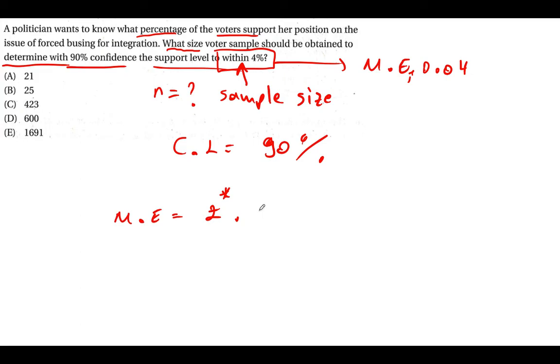For the standard error, since the sigma or the sampling standard deviation is not given, I should use the maximum one. But let me first read. The politician wants to know the percentage, okay? So the standard error of, let's say, p, I can say this could be maximum 0.5 over root n.